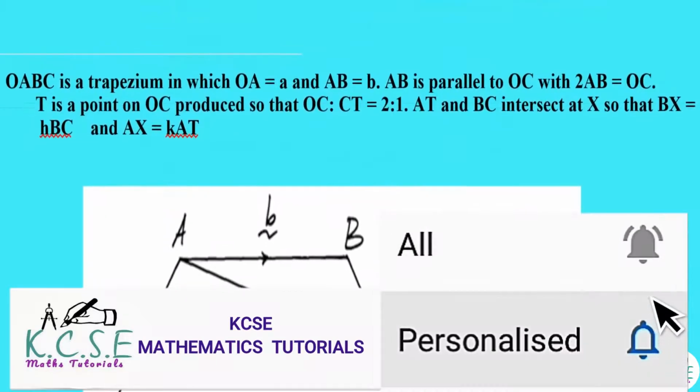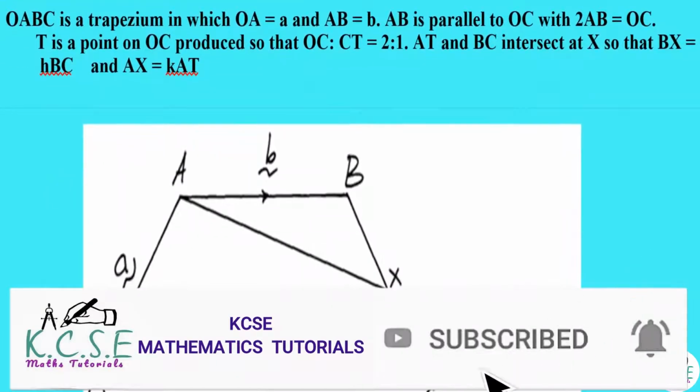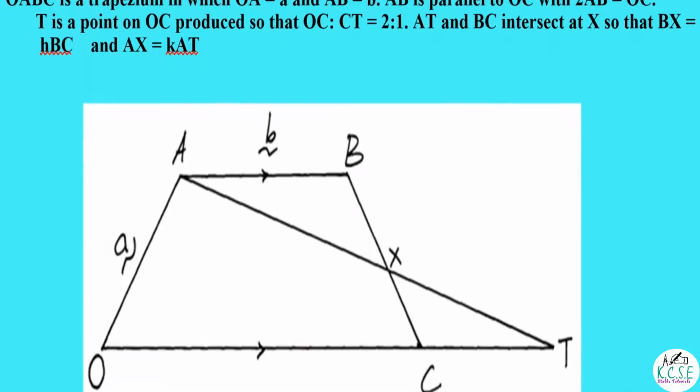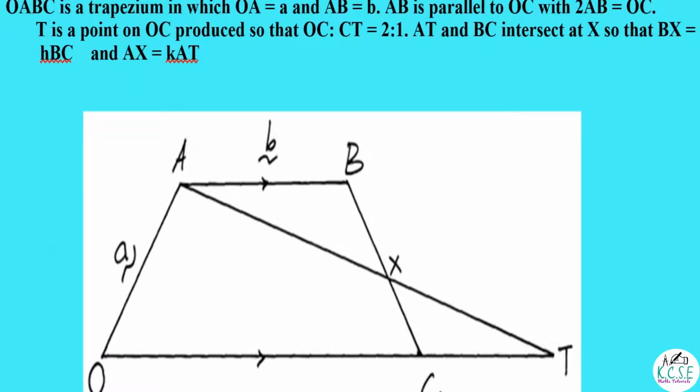The first thing you're going to do is to input the important values in this diagram to enable us to work out properly. So the first one, OA we are given is A, so it's good to indicate the direction. Then AB is equal to B, AB is parallel to OC, given.